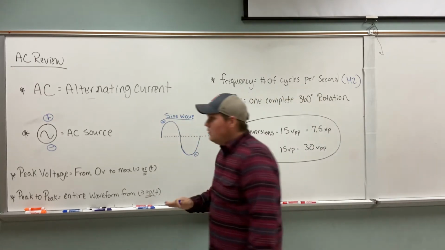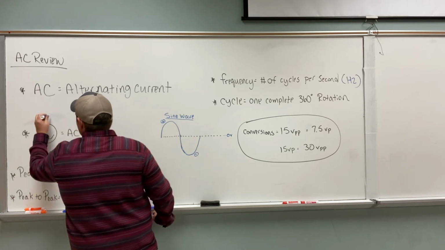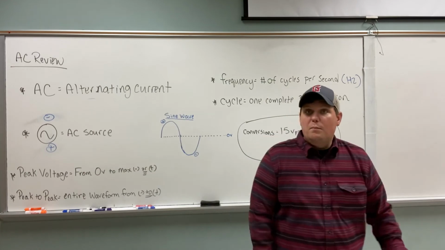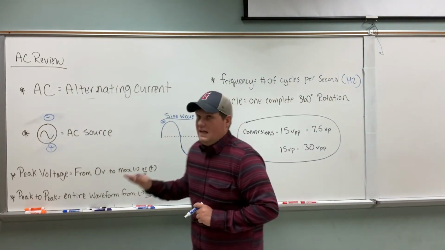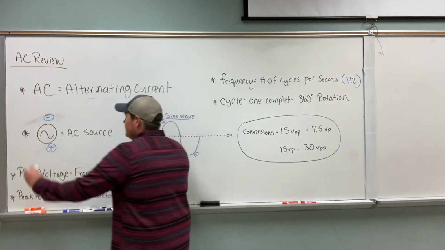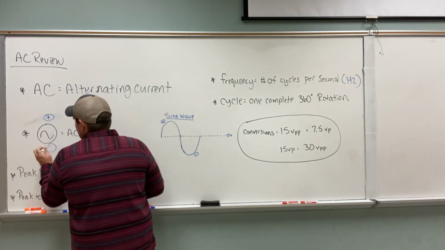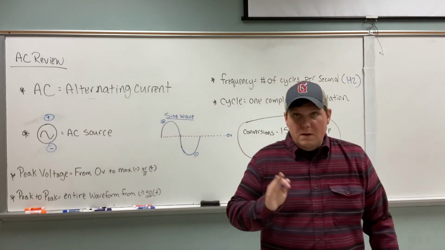And on the downswing, negative on top, positive on the bottom. Okay? So that's very important to remember that. So upswing, positive on the top, downswing, positive on the bottom. Okay? That's very important to remember that.